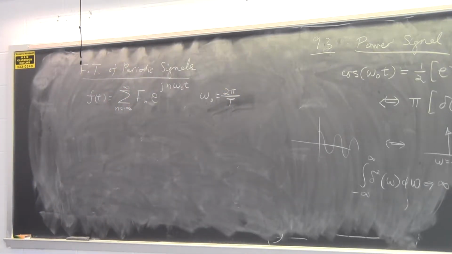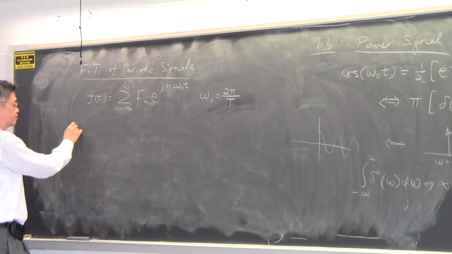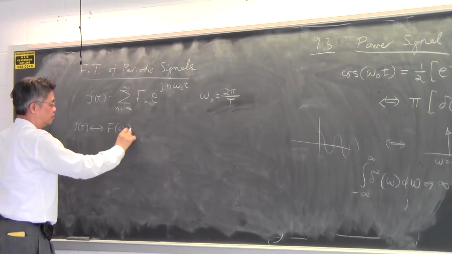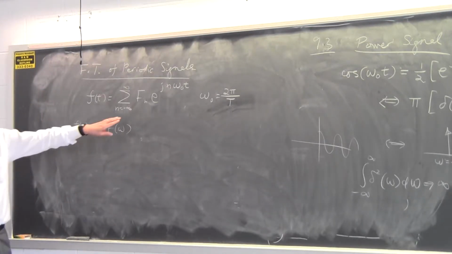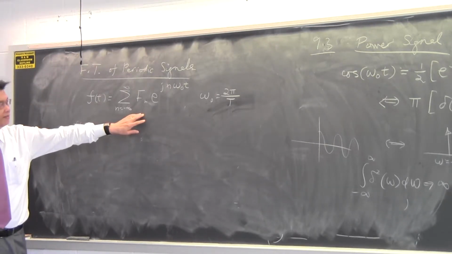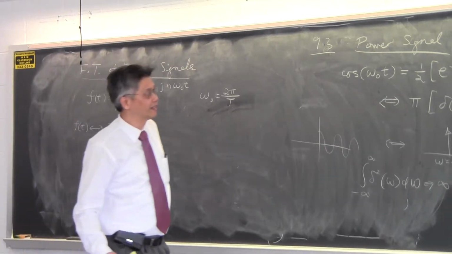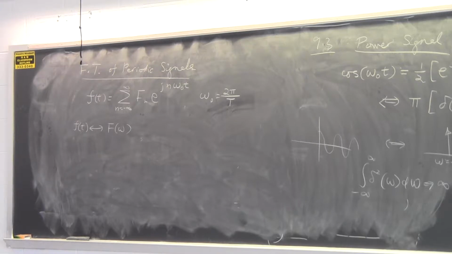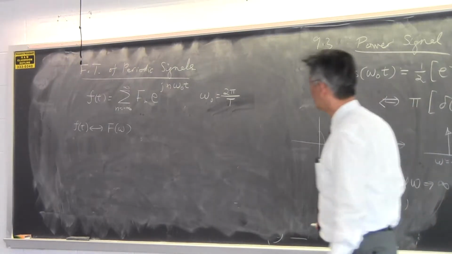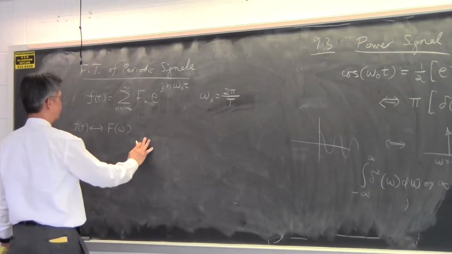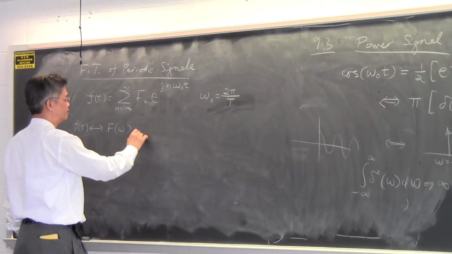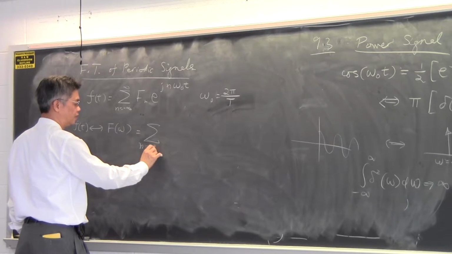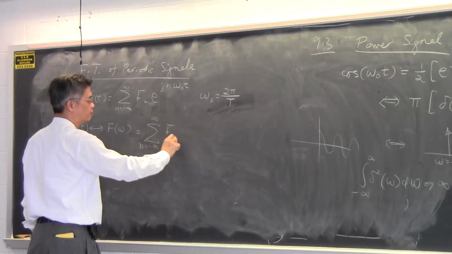But if you were to take the Fourier transform on the right hand side, we know this identity, that this thing Fourier transforms to that thing over there. So the Fourier transform of this must equal the sum of the Fourier transforms of each of these terms.